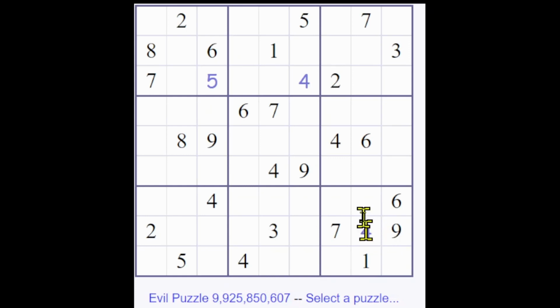And this 4 and this 4 and the 4 here forces a 4 in this corner cell. And now we know, because of the 4 down here, that this cell is a 4. And that leaves a 5 and a 9 for these two cells.